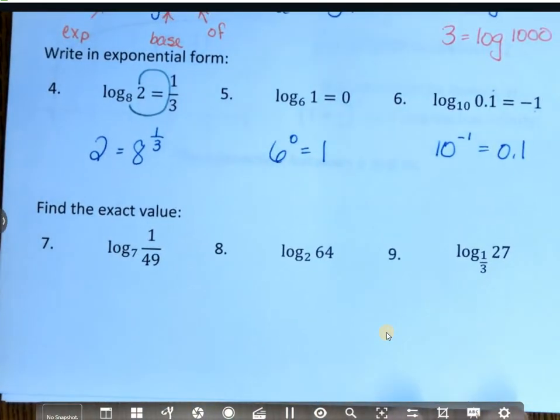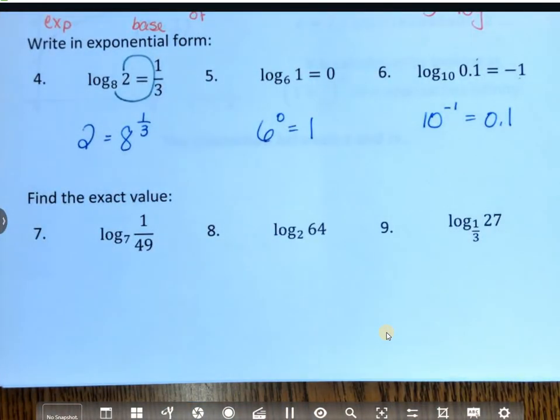All right, go ahead and write down 7, 8, and 9. You'll see these instructions say find the exact value. That is the same thing as if I just told you to evaluate. Basically, you'll see those instructions when there are no equal signs in the problem.